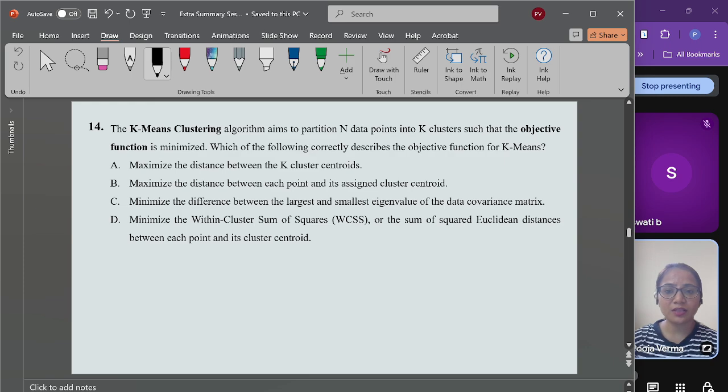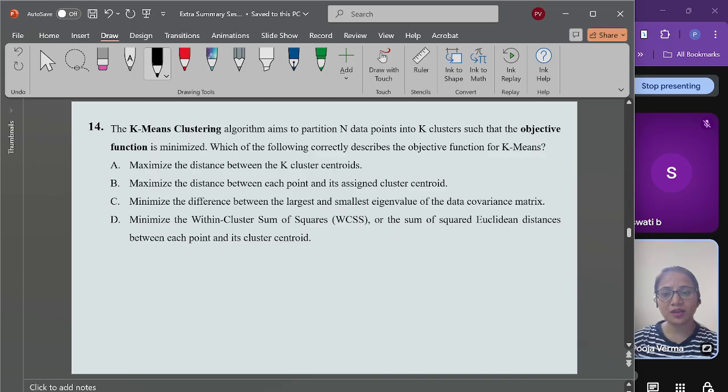Option C: minimize the difference between the largest and smallest eigenvalue of the data covariance matrix. Or option D: minimize the within-cluster sum of squared Euclidean distances between each point and its cluster centroid.